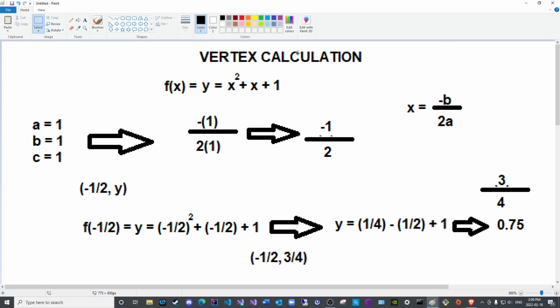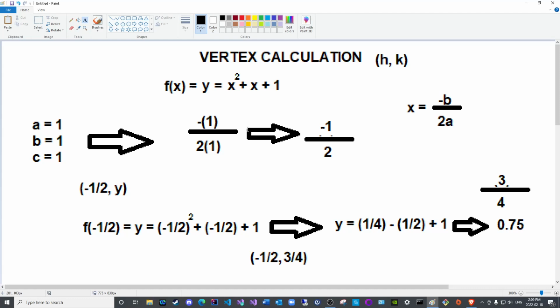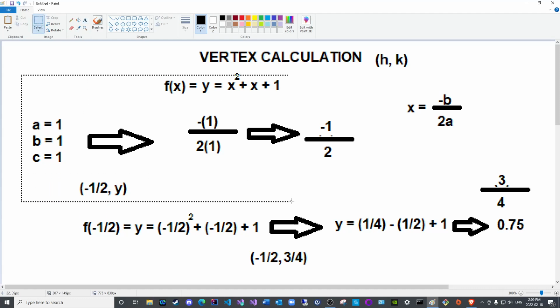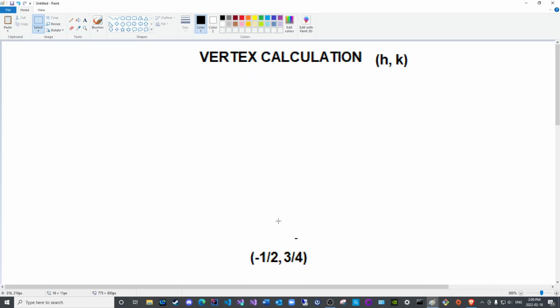Now for vertex calculation, there are two variables for the vertex. As we know, the vertex is a point on a graph, so it has coordinates, an x and a y. The x in the vertex is referred to as an h, and the y coordinate in a vertex is referred to as a k. So now that we have covered this in the previous video, I will remove all of these and simply keep this coordinate here.